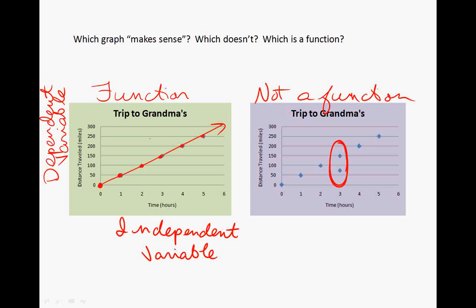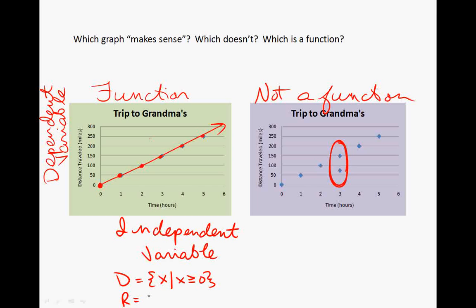If we were to write the domain and the range for our left-hand graph, the trip to Grandma's, let's think of what the lowest possible value is. Is this an infinite situation? Could domain be any real number? No, it couldn't, because we can't have negative hours. So I'm going to say that my domain is anything greater than or equal to 0.